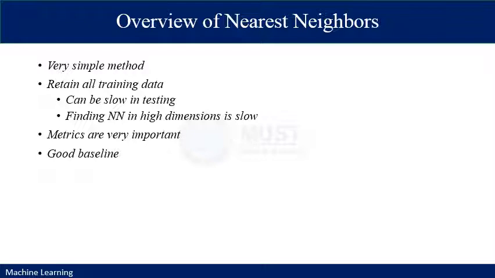And finding the nearest neighbor in high dimensions is even slower. Therefore, metrics are very important, and you should use the same metrics for all the examples. And it is a good baseline to build your models on or to check the accuracy of your models on any dataset.